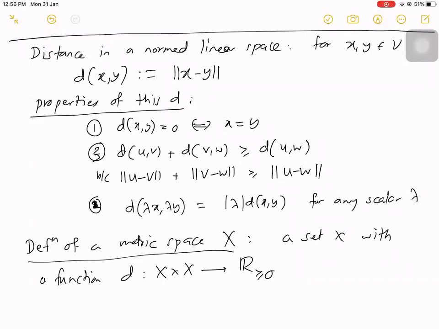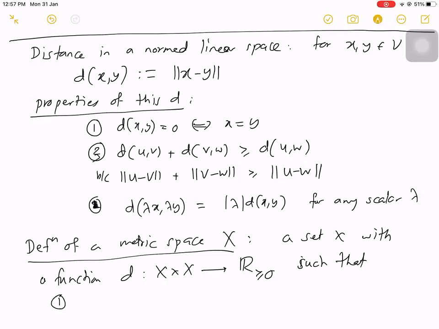So let's write this down. A set is called a metric space X if there is a set along with a distance function from X cross X to R greater than or equal to 0, such that both of these conditions are satisfied.